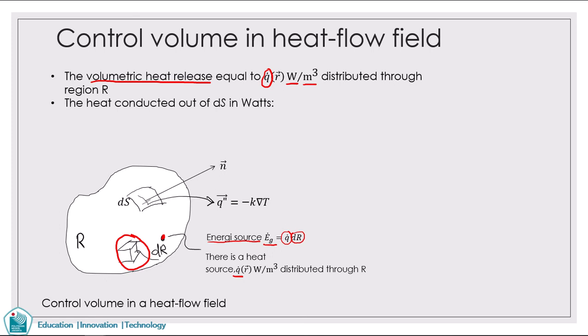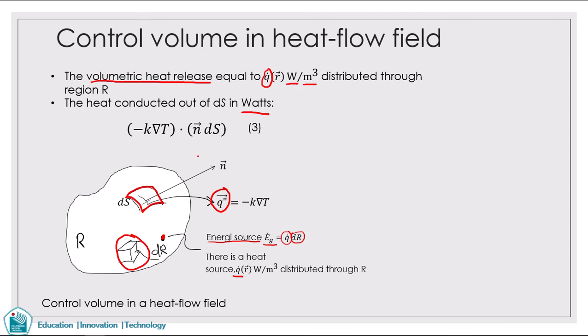and the heat conducted out of ds. Remember, this is ds. So the heat conducted out of ds, in terms of watts or the heat transfer rate, since q double prime is the heat flux, should be written as the heat flux multiplied by the surface area of ds.